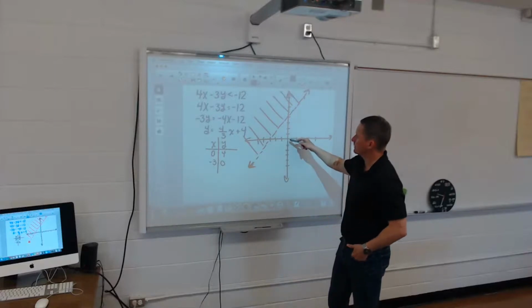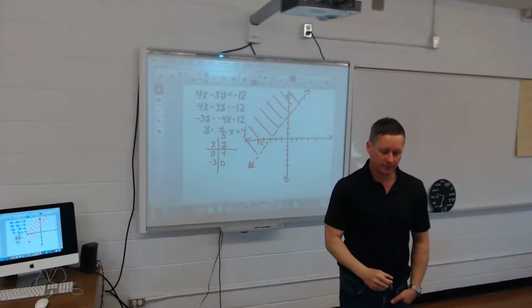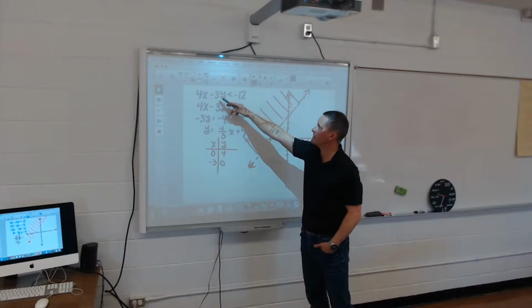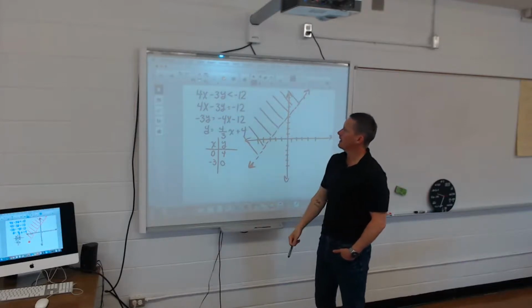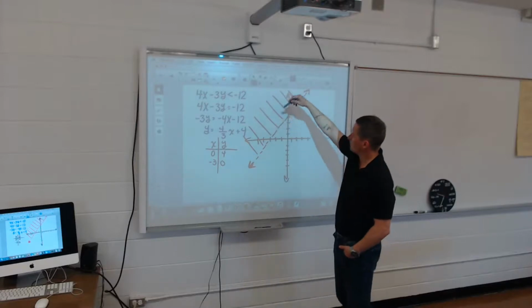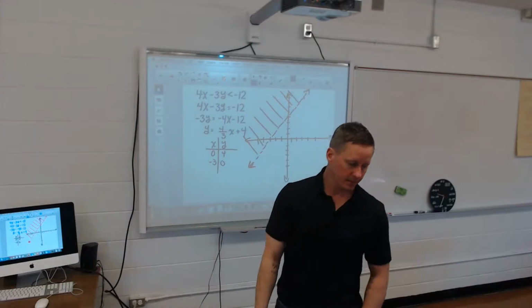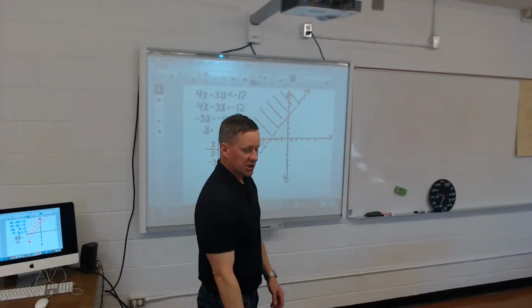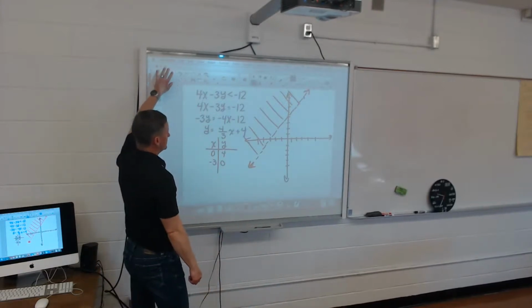In this case, it was 0 and 0. I put that into the equation to find out whether or not it satisfies this. So I went 0 subtract 0, 0 is less than negative 12? The answer was no, so I shade above that line. Okay? So let's do this again. Are there any questions?